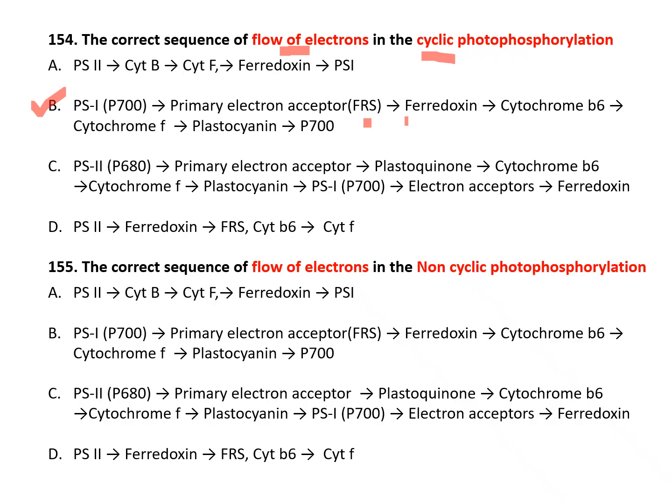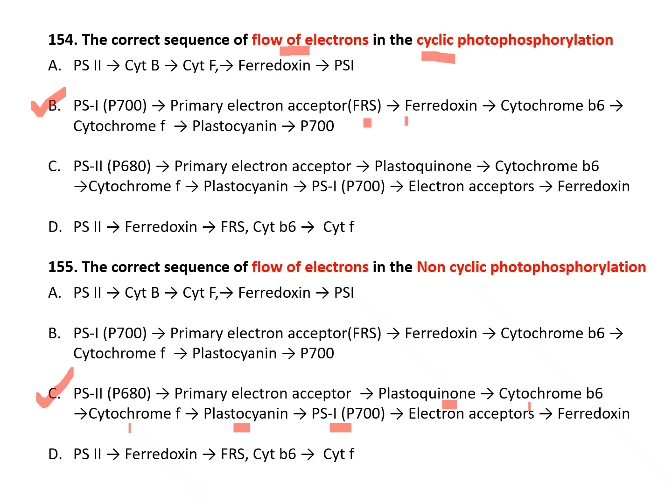The next question, number 155. The correct sequence of flow of electrons in non-cyclic photophosphorylation. The correct option is option C: PS2, P680, then the primary electron acceptor, then plastoquinone, then cytochrome b6, then cytochrome f, then plastocyanin, then PS1 P700, then the electron acceptor, then ferredoxin.